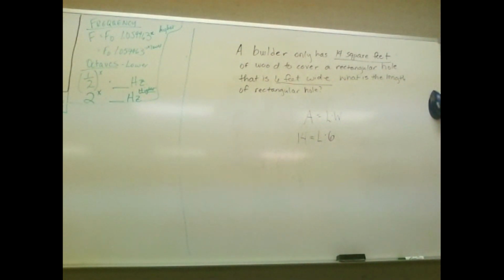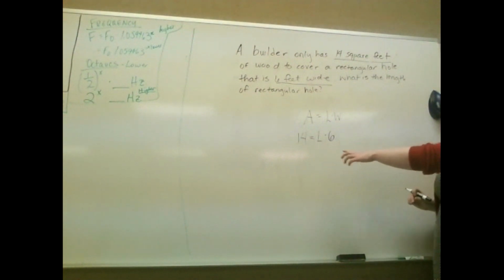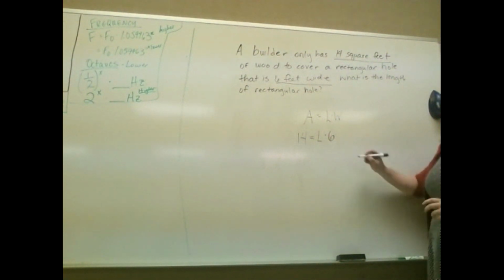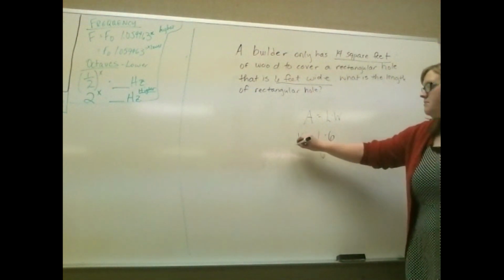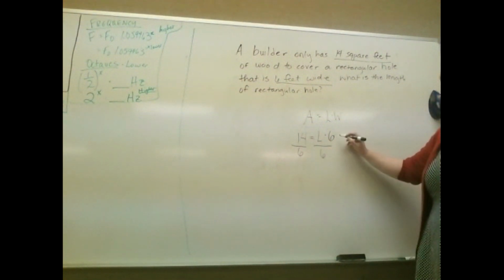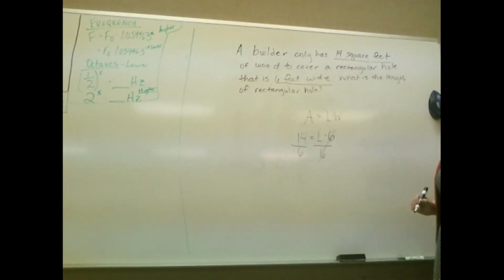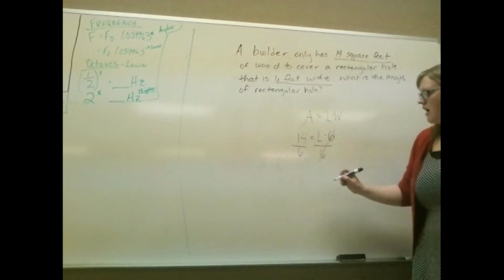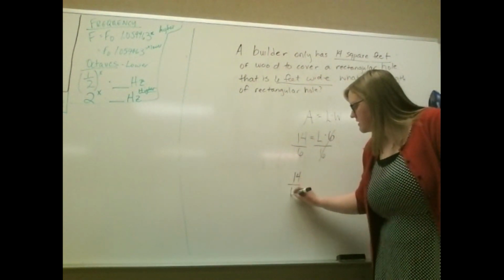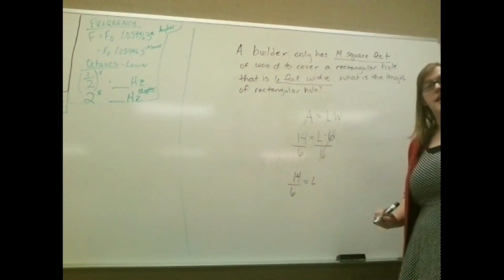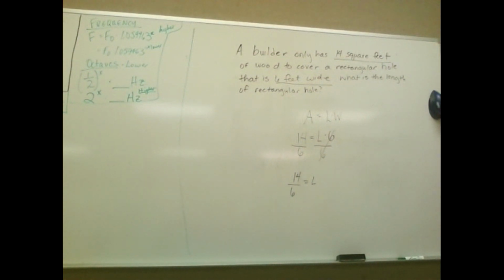So Mariah, do you remember what we should do in this case? Divide. We divide. Since 6 is multiplied by L, and we want to get rid of 6, we're going to divide both sides by 6. The reason that works is because then that cancels, and we're left with 14 over 6 equals L. That will reduce.